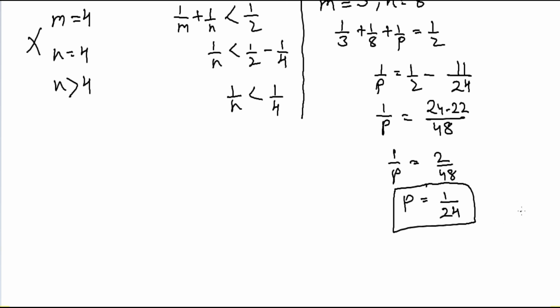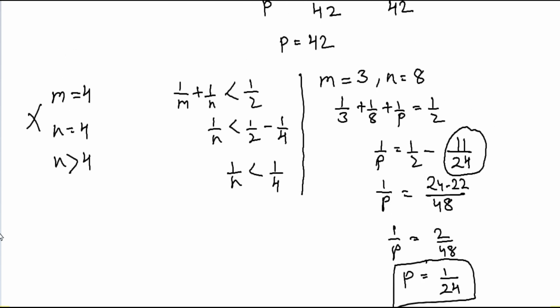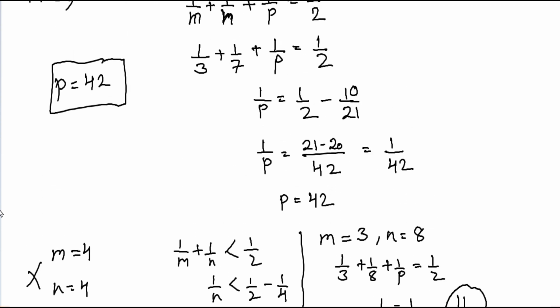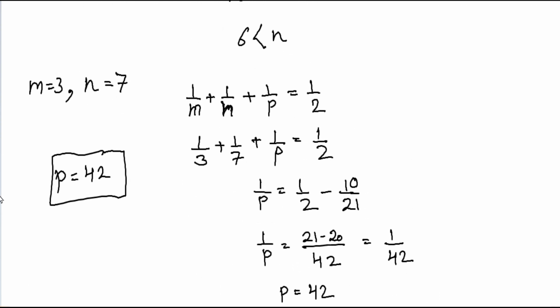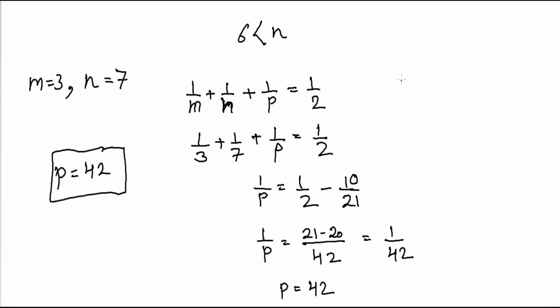So you see why it is happening. That's important thing that we must know, that whatever we get after this 11 by 24 or something, the addition of 1 by m and 1 by n plus 1 by p, it is maximum for this 10 by 21.